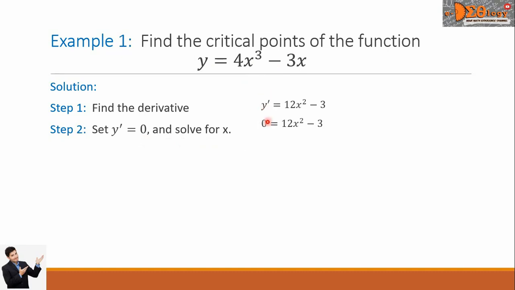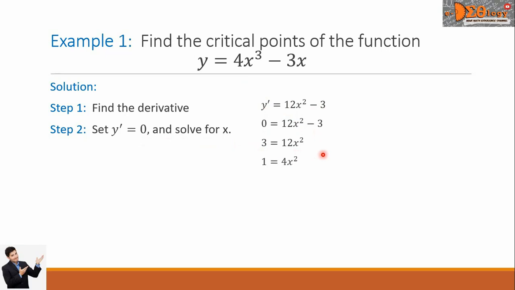So the y prime here becomes 0 equals the right side values. Let's solve for x now by first transposing this negative 3 to the left side. The negative becomes positive 3. And in here, we simplify this equation by dividing by 3.